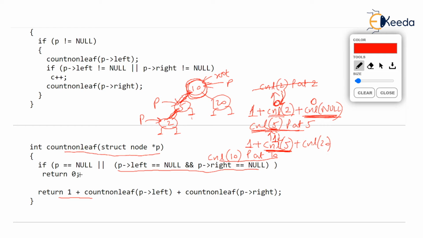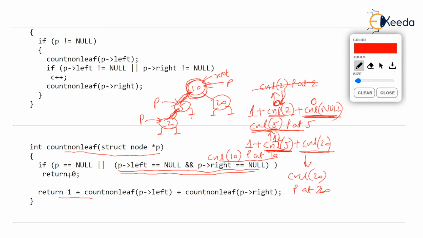And now count non-leaf 20 runs. So what will happen when count non-leaf 20 runs? P is at 20. And observe, as soon as this function starts, we will notice that this condition is again true for 20. It is a leaf. 20 is a leaf. So we are not interested. We will return 0 straight away, isn't it?